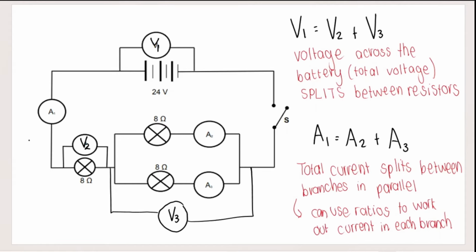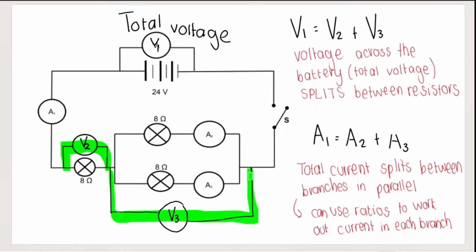Over here, just try and focus and see if this makes sense. Some of that voltage will go to this resistor, and the leftover voltage will go to the parallel resistors. So let's pretend that this voltage over here is 10 volts, and then let's say 2 volts of that goes to this light bulb over here.